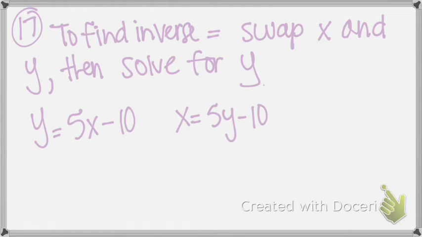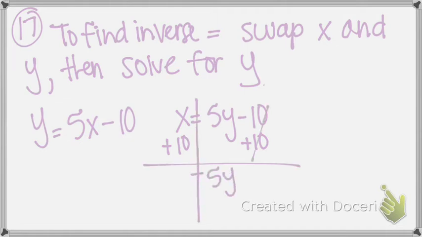That's the first step. The second step is to then solve for that y. So, to solve for the y, we have a simple two-step equation. The first thing we're going to do is add 10 to both sides. These cancel, and we can go ahead and bring down that 5y.